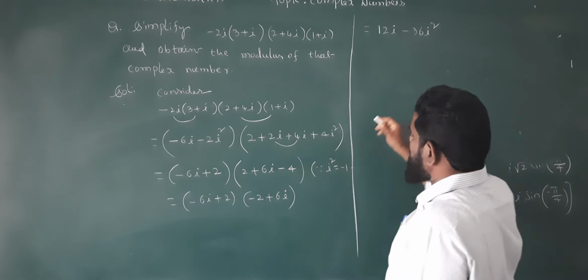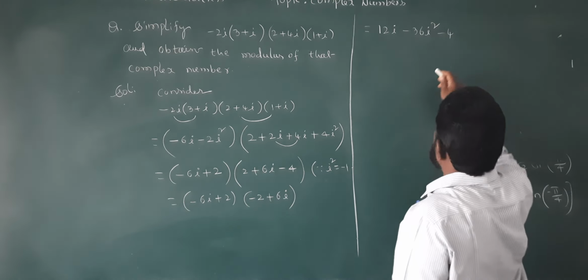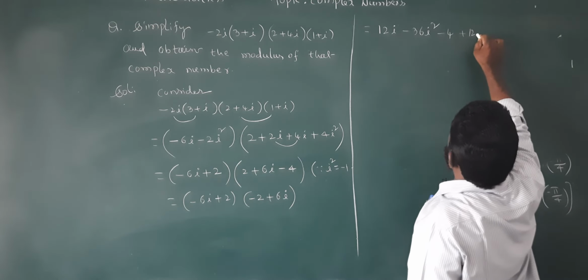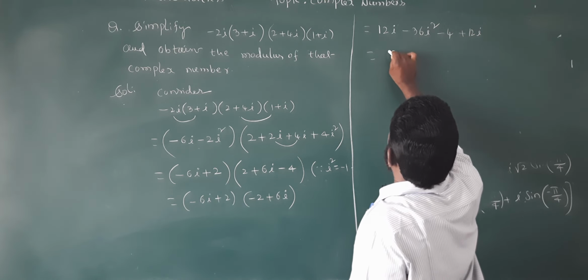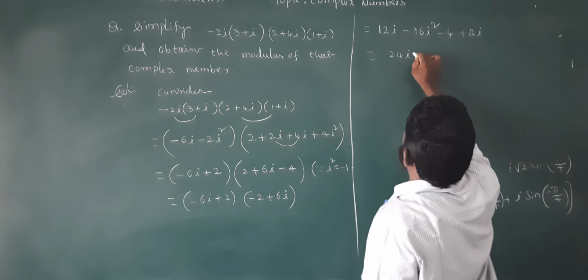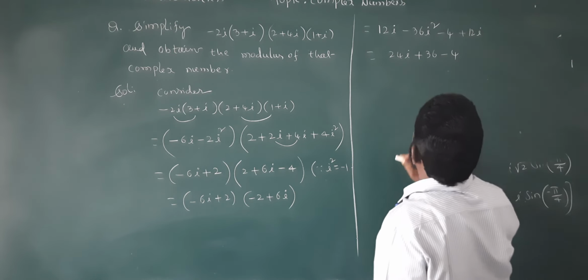This is minus 4 plus 12i, 12 plus 12 is 24i. The i square value is minus 1, so 36 minus 4.